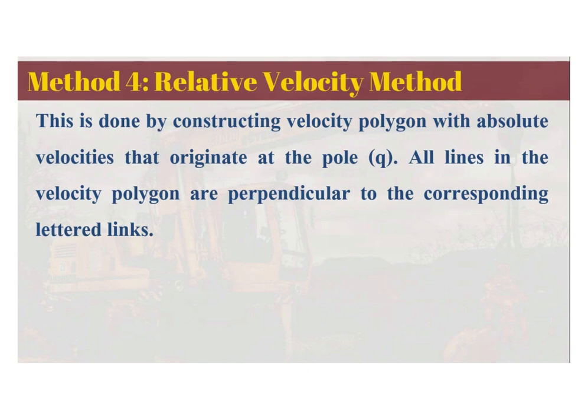So some of the keywords here are velocity polygon, and that all velocities originate from the pole Q. All lines in the velocity polygon are perpendicular to the corresponding letters in the actual link. So let us demonstrate this using an example.